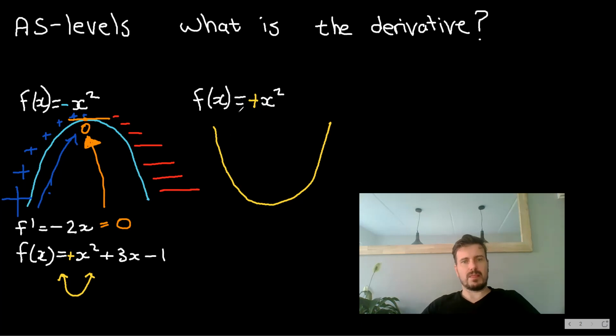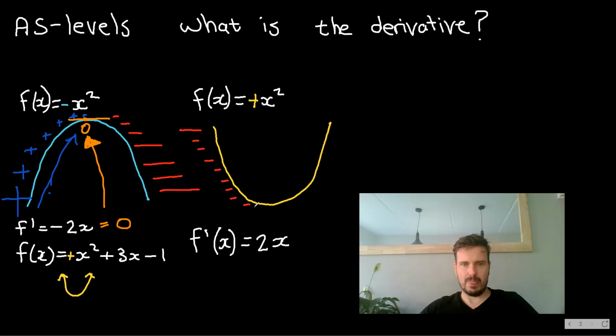So the f dash of x, let's do it again. Let's look at the next one. Maybe if it didn't make sense, we'll look at it again. So f dash of x is going to be equal to 2x. Okay, and here we have the negative on this side, and then 0 over here.